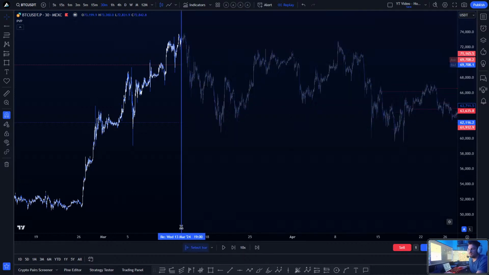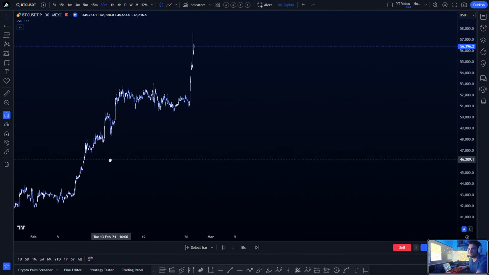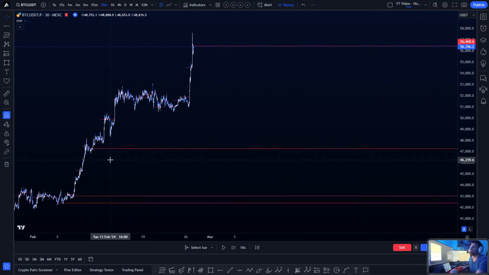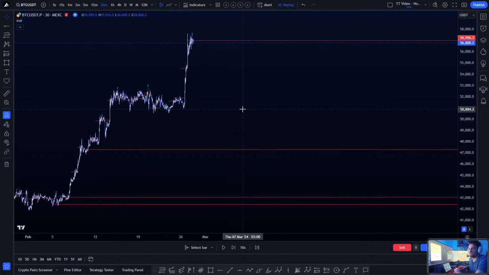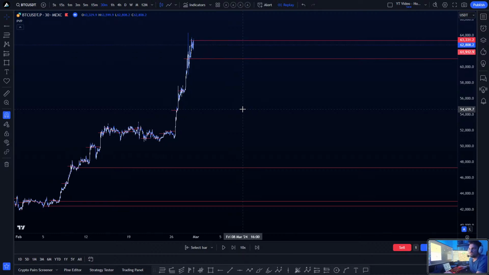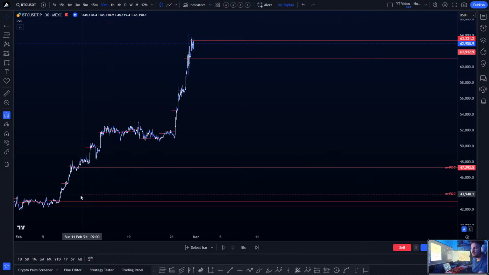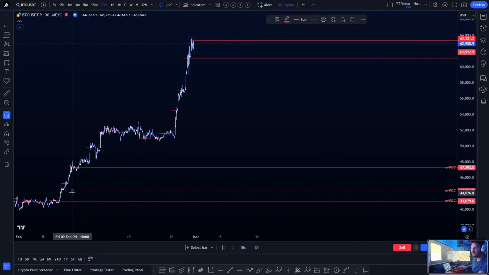So let's come to this 52 area. Okay, so we only have... Oops, I didn't check the horizontal ray. We only have this one and those two stacked together.